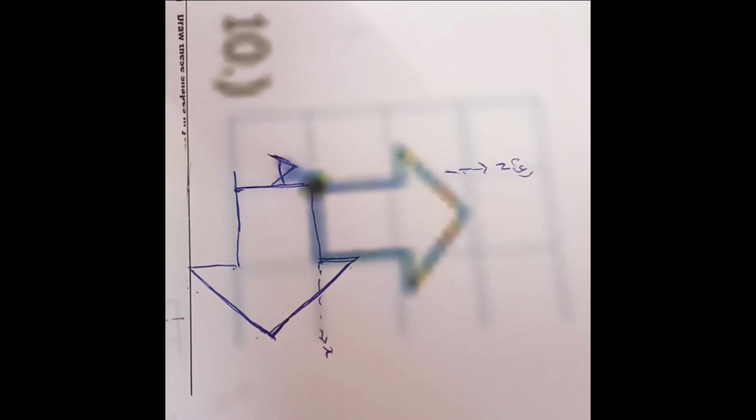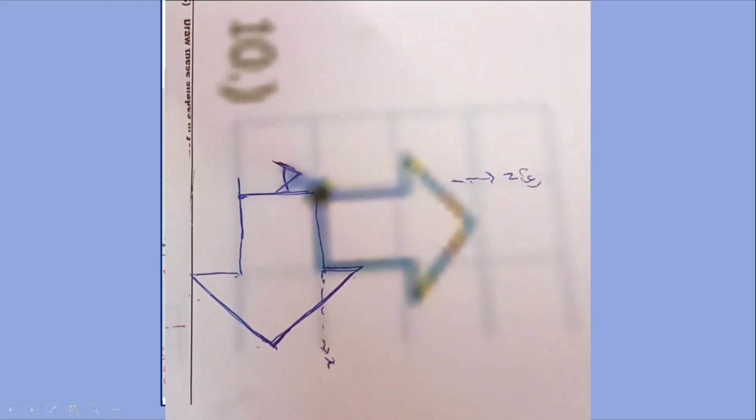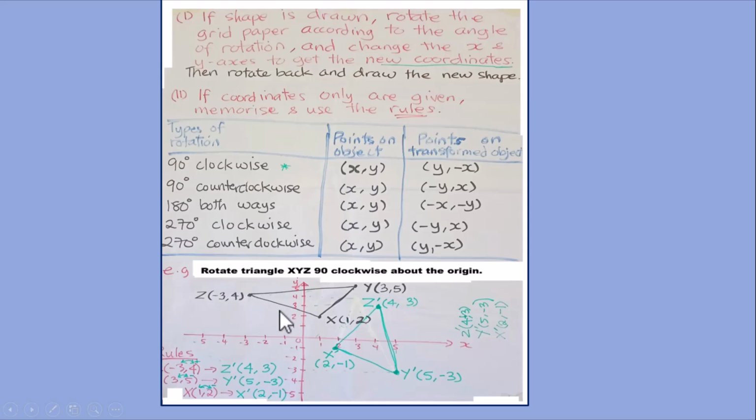I'll give you another example which has x and y axis there with the coordinates, so you can easily rotate your paper around. Now this here is the easiest way, and this will be done if you are given the x coordinates and the y coordinates on the axis like this.